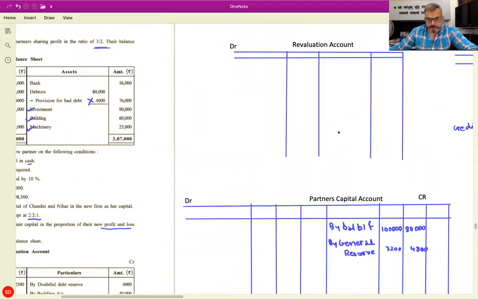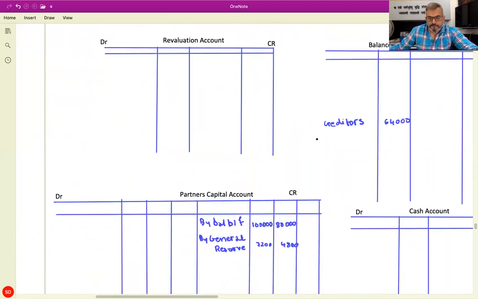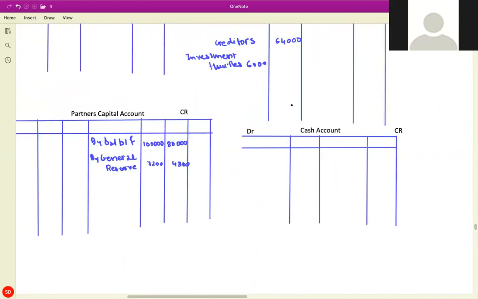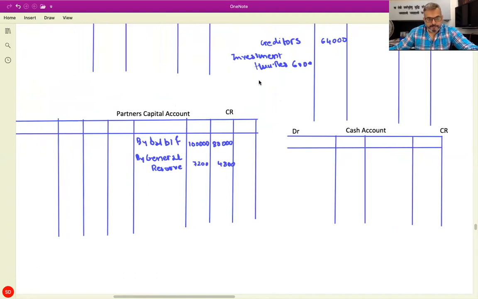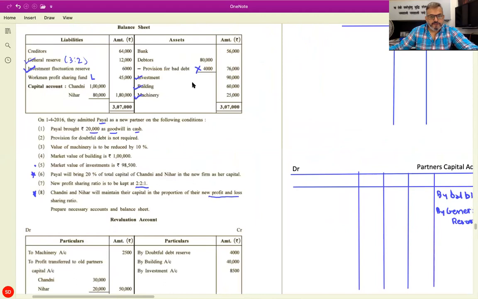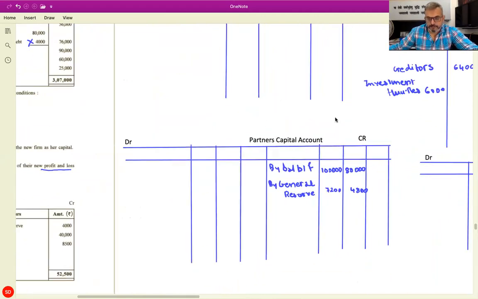So if you want to write, you can write investment fluctuation reserve in the inner column. If you don't write, that's also fine because as such it's going to become zero. Amount is 6,000 in the inner column. Leave two lines blank after this. Okay. Then next, workman profit sharing fund is a liability, 45,000.